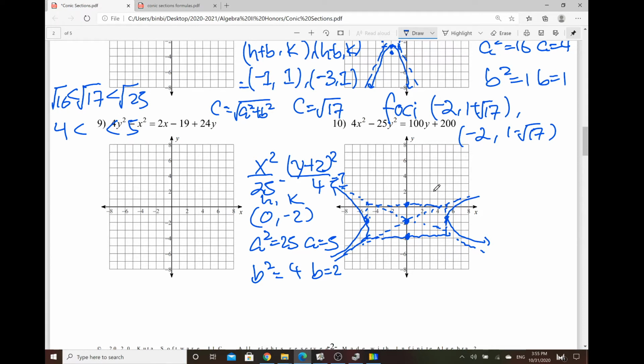This one should be symmetrical. It looks like this one's a little bit wider, the other one is skinnier. Okay, let me just fix this. Okay, so now let's see what else.